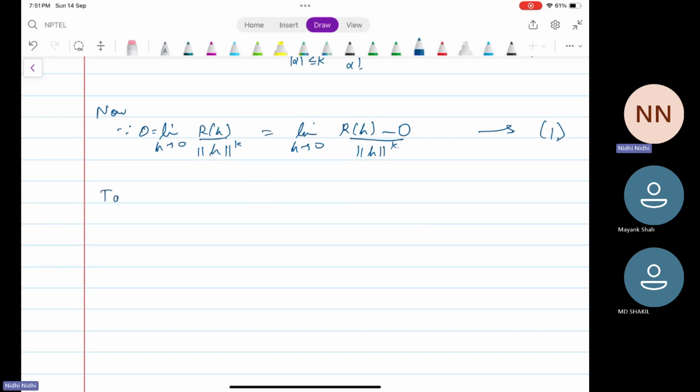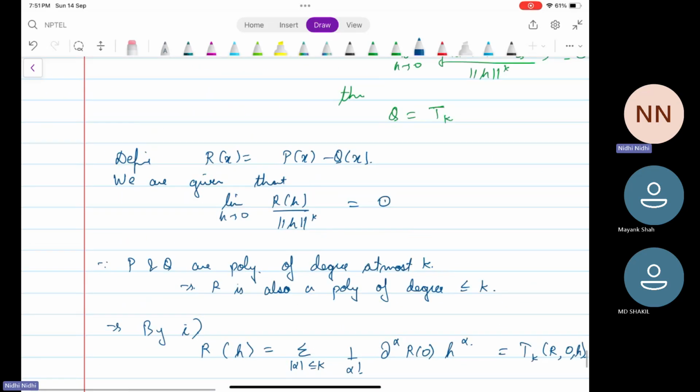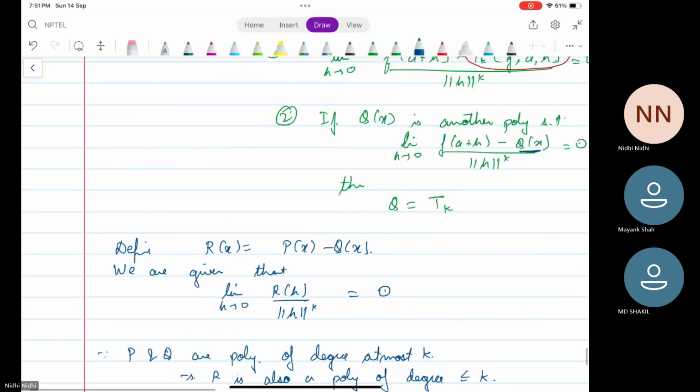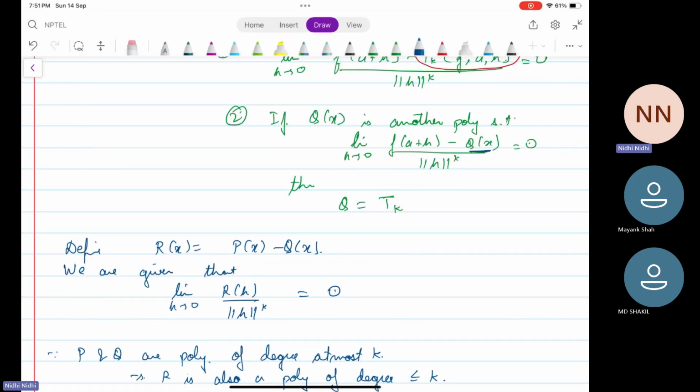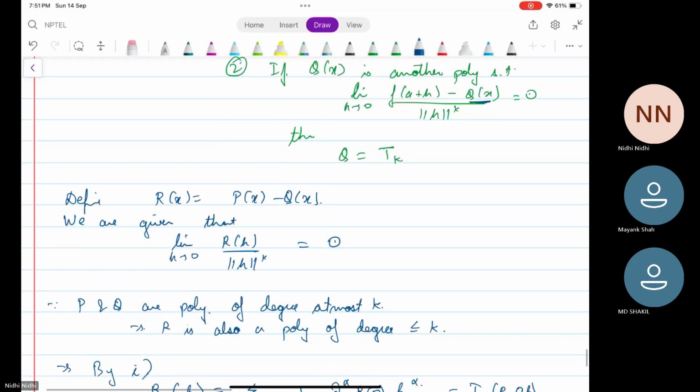So taking a equal to 0 in the above theorem, by the second part we know that if this q is 0 here, satisfying such a condition, then q is equal to T_k.